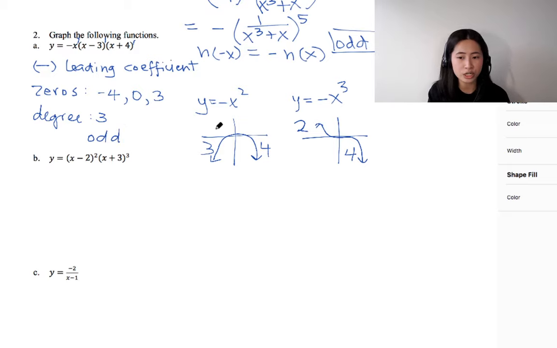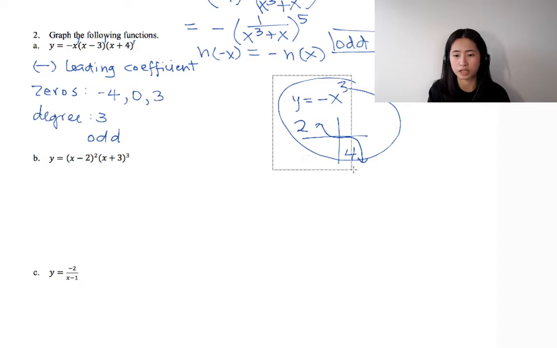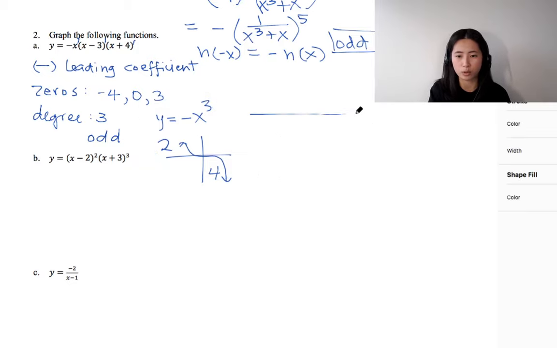And if it's an odd function, you're supposed to expect that this is how your graph is sort of going to look. So these are what you call templates that I like to tell my students to remember during the test. So you have an idea of where you're going to start drawing the graph, because otherwise it's just going to be overwhelming.